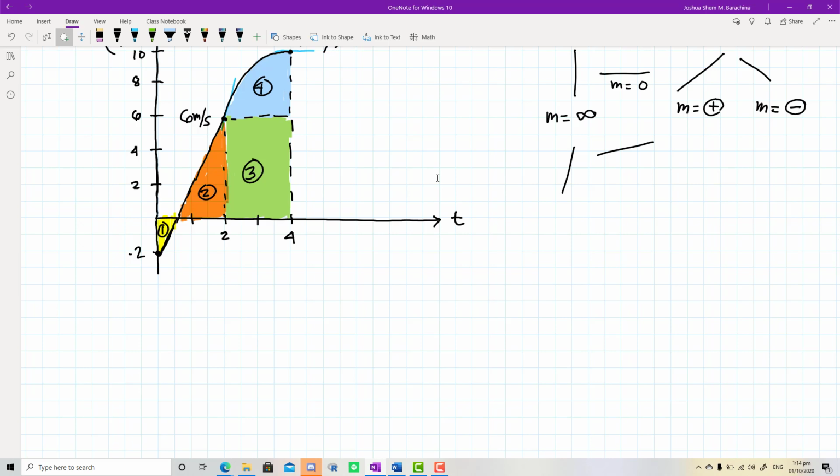So, to find this, divide natin siya into 2 segments. Let's name this x, and this is 2 minus x. Because that is 2 seconds from the origin, right?